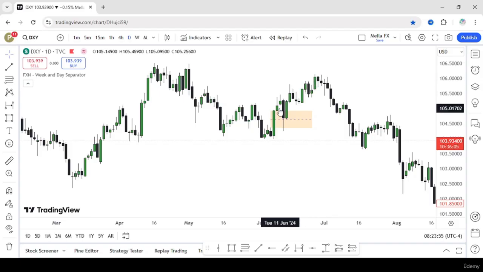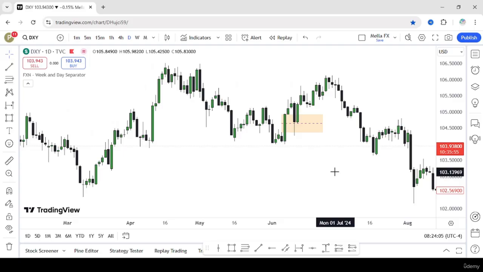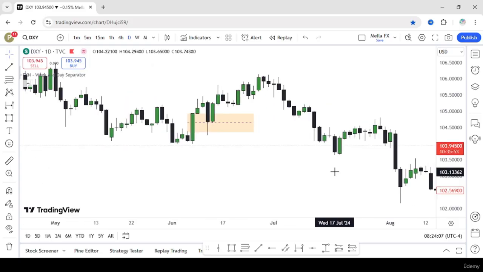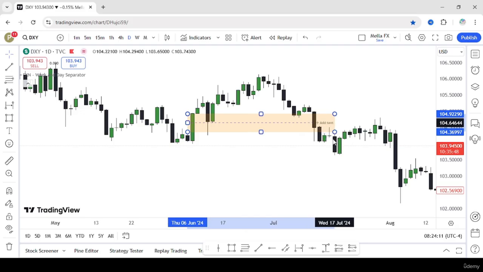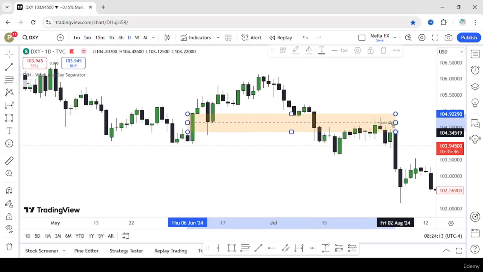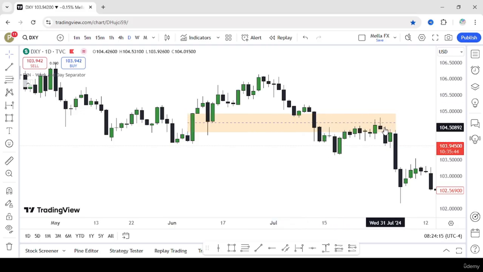It pushed the market further away from this point, and we moved higher. Another thing I wanted to show you is that later on the same fair value gap was retested, and it acted as a resistance.